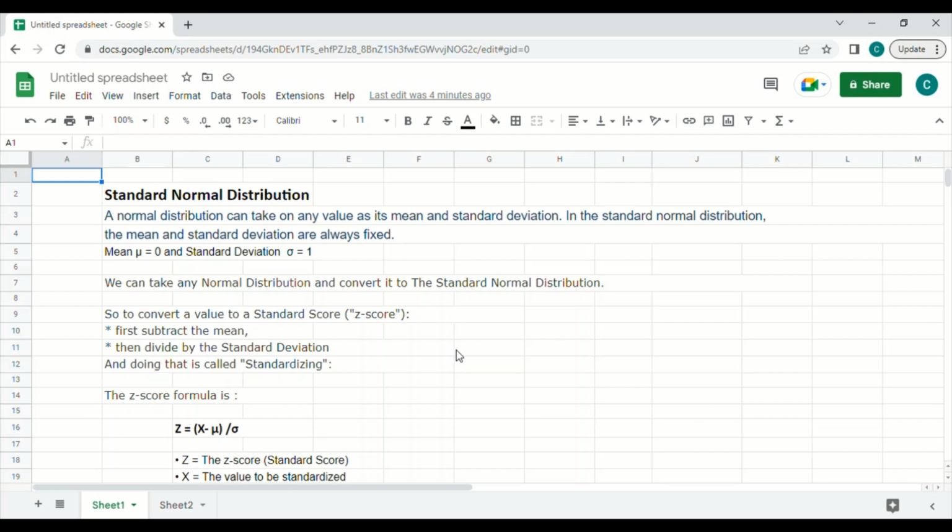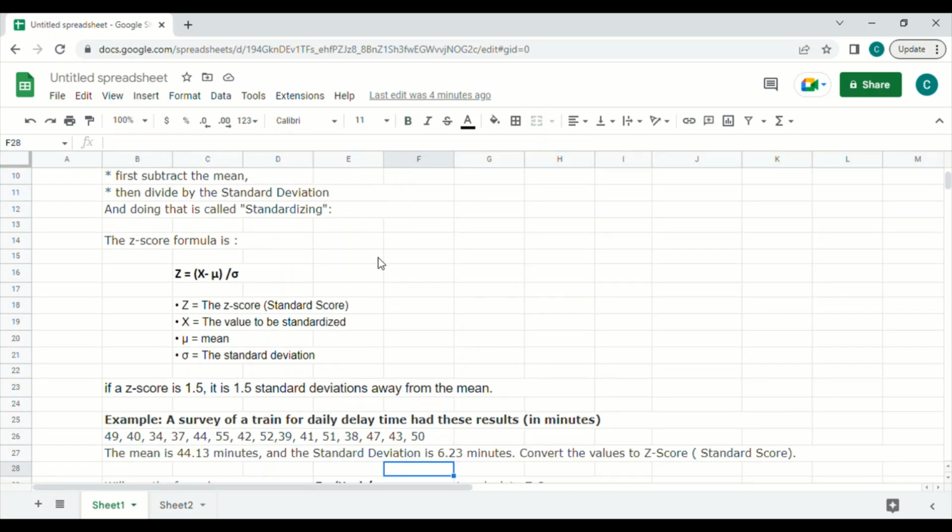We can take any normal distribution and convert it to the standard normal distribution by using the z-score formula, which is z equal to x minus mu upon sigma, where z is the z-score, or we can say the standard score.